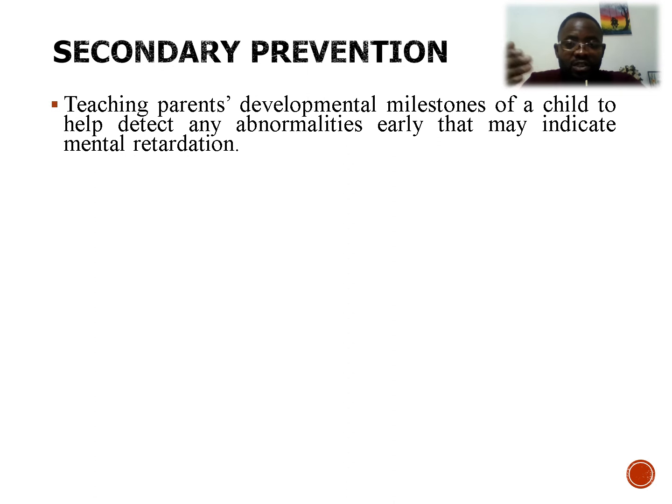So if the child is not achieving, or is delayed in achieving such milestones, it must be a warning sign of mental retardation. You need to educate the woman about these milestones and when to expect them. If they are delayed, the woman must report to the health facility so that the child can receive early treatment.